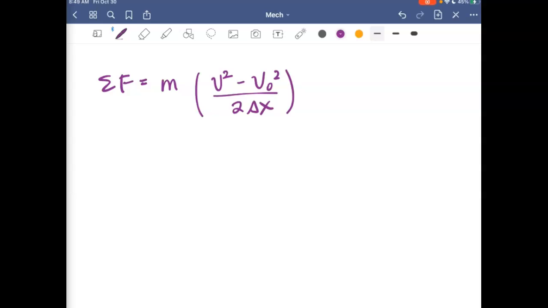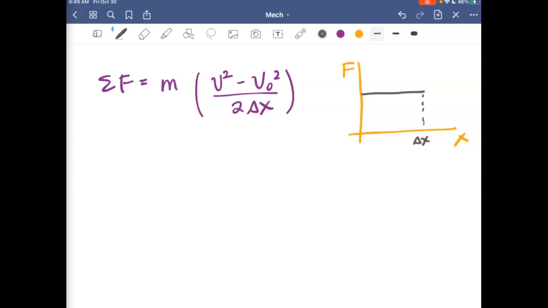Now, we're pulling on this object. In this case, the force is not parallel to the floor, but that's okay, don't worry about that yet. The force that is causing it to change position is constant. If you think about a force versus position graph, we would have this force acting on our object over this change in position.